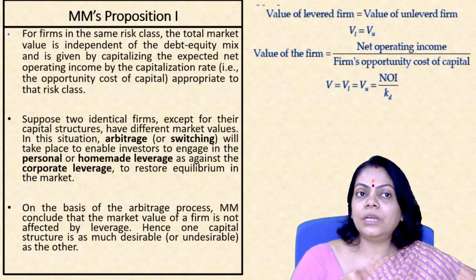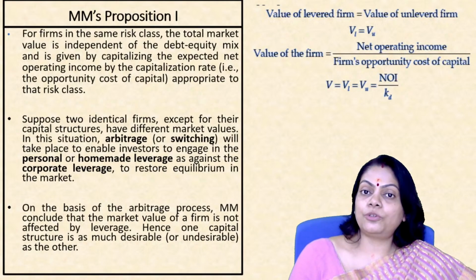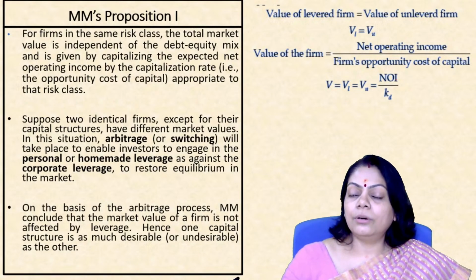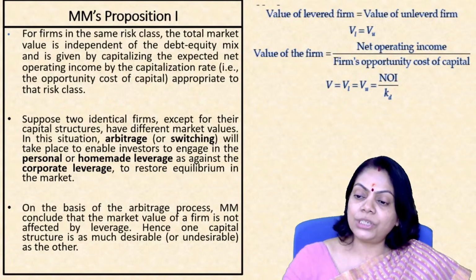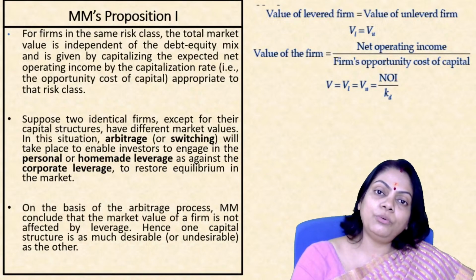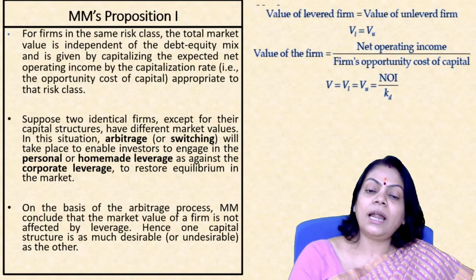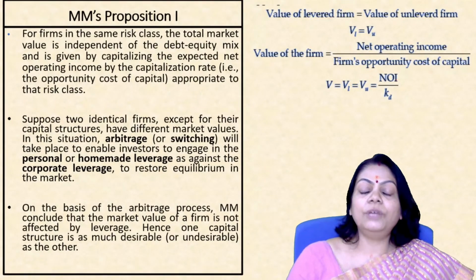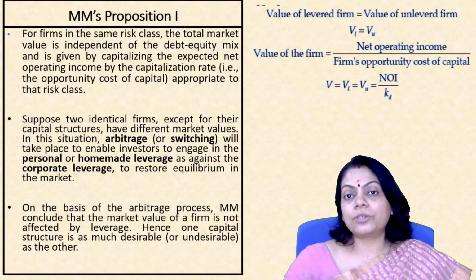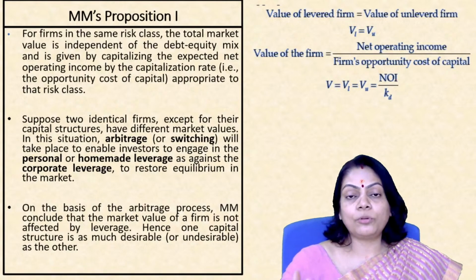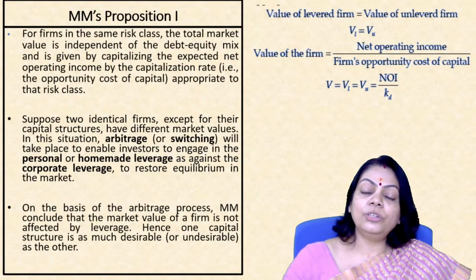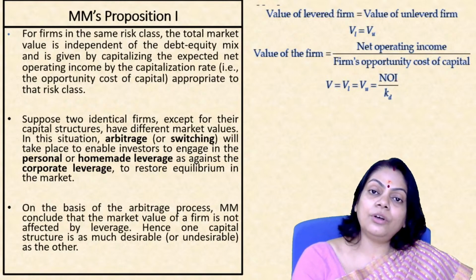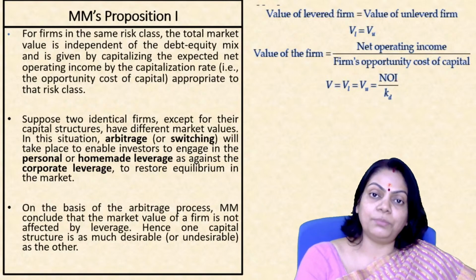If the company using the cheaper source of finance has a higher value, then investors will switch from this company to the company with no leverage, and they will borrow money on their own and create their personal leverage. So they will replace the corporate leverage with personal leverage, also referred to as homemade leverage. They will create leverage on their own account, and then invest in the no-leverage company.